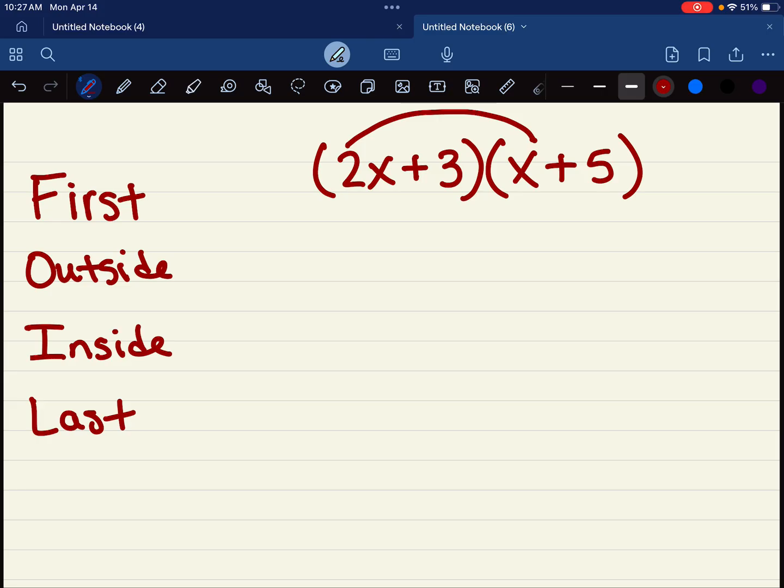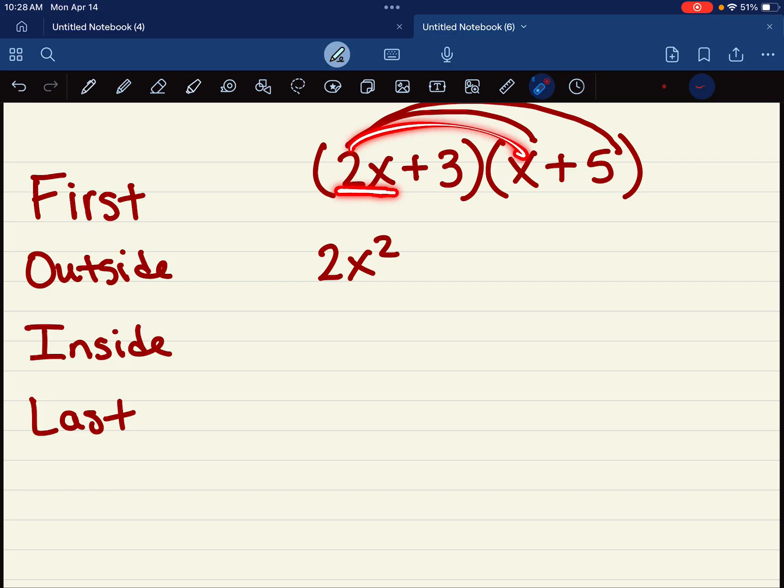No, we're multiplying, not adding. 2x squared, right? We multiply the numbers, add the exponents, okay? And then we multiply the outside numbers, so that would be 2x times 5. So you can use this if you want. Truthfully, what's easiest is just take the first term, distribute it, and then we'll go back and take the second term and distribute it. Okay?